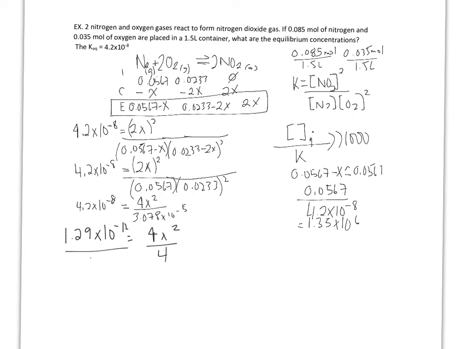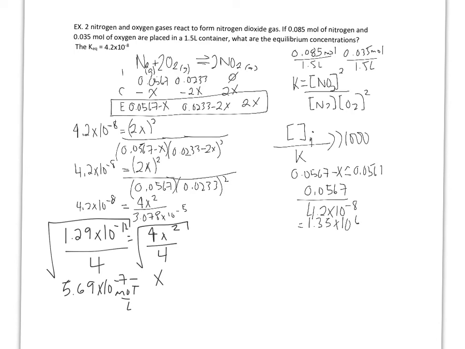Divide both sides by 4, which gives us x squared is equal to a value, and then you take the square root. So you're solving for x. So x is going to be equal to 5.69 times 10 to the negative 7 moles per liter. So that's really, really small.